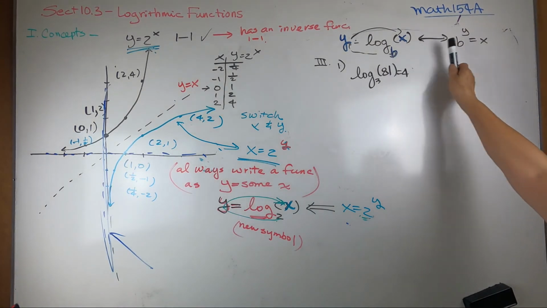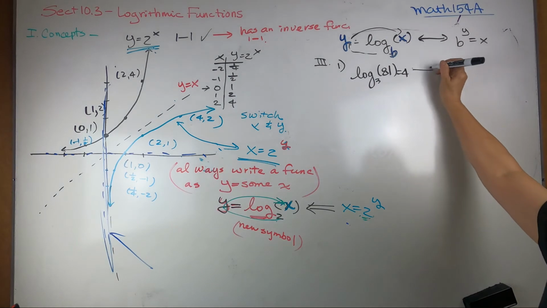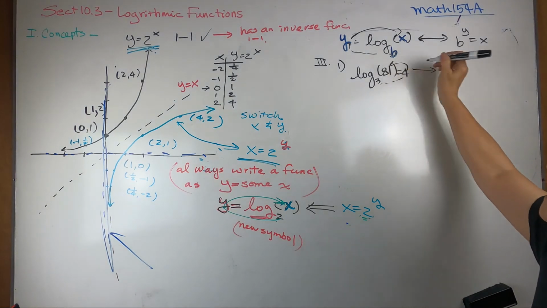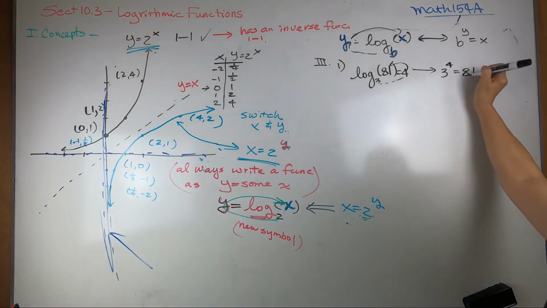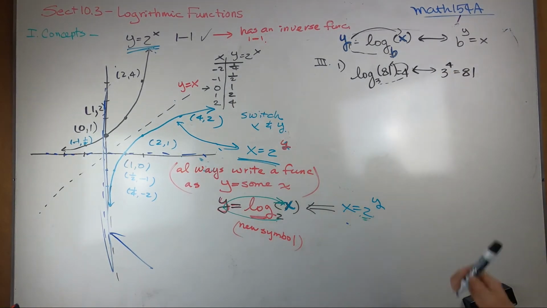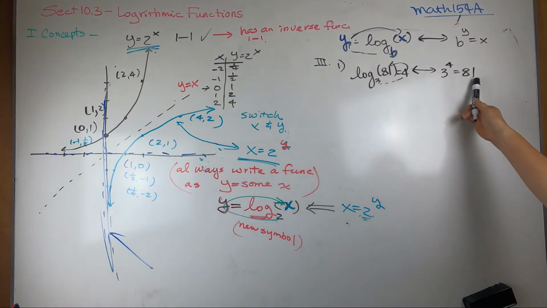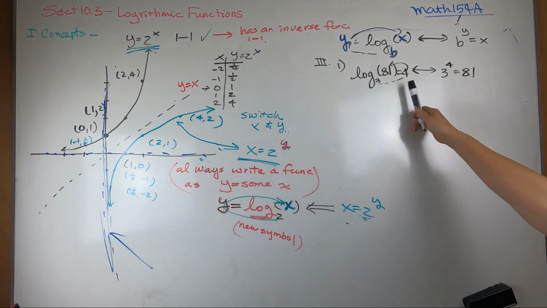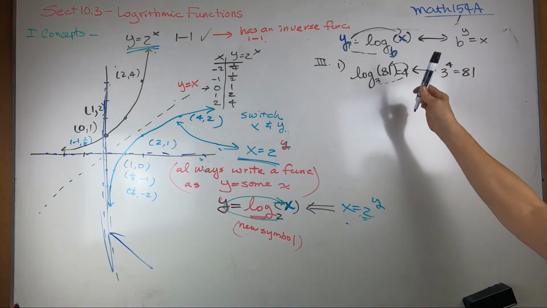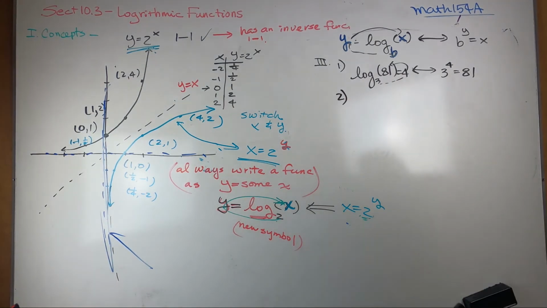We cannot see it, we have to see it this way. If we change it, then we hook it. So we have 3 to the 4th power is 81, right? You can write either exponential style or log style. They mean the same thing.